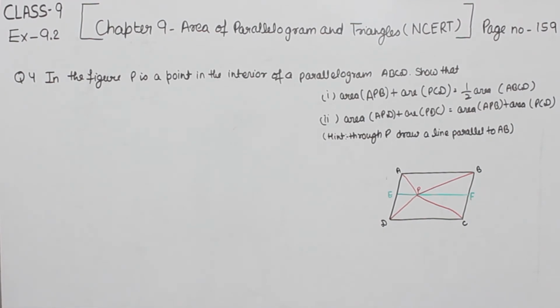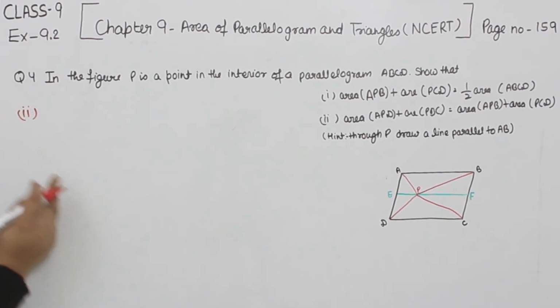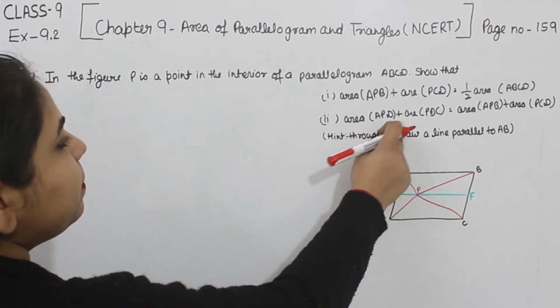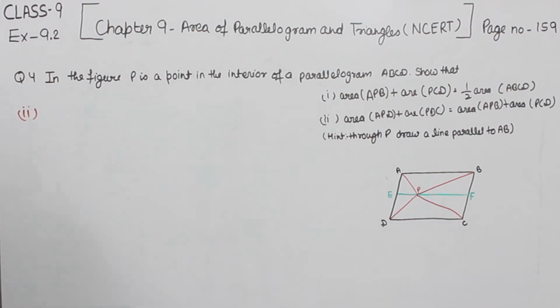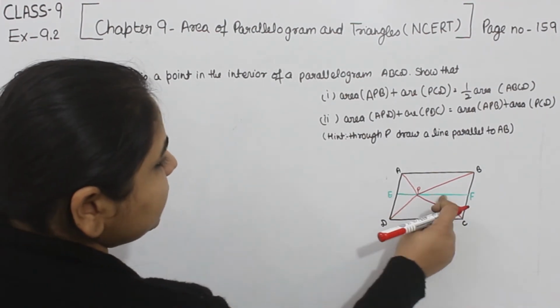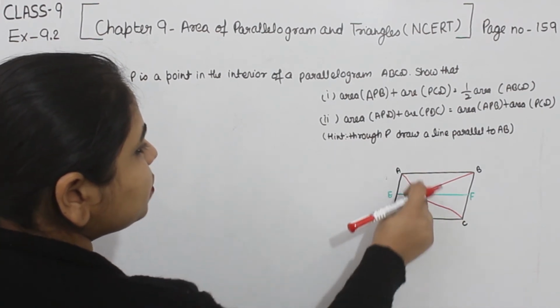Now comes part 2. In part 2 we have to prove that the area of APD plus the area of PCB and the area of APB plus the area of PCD are equal. This means if we add these two triangles, this will be equal to these two triangles.